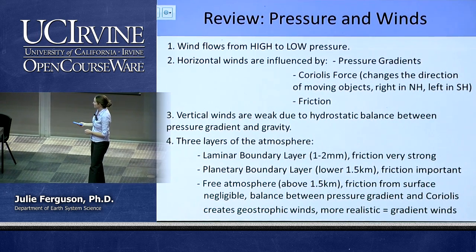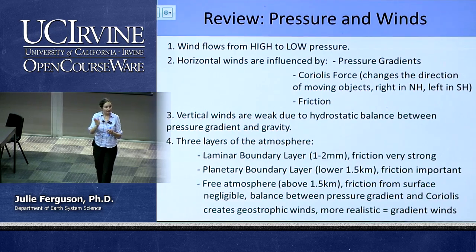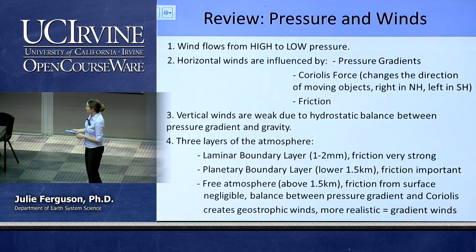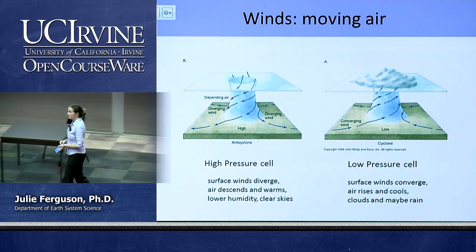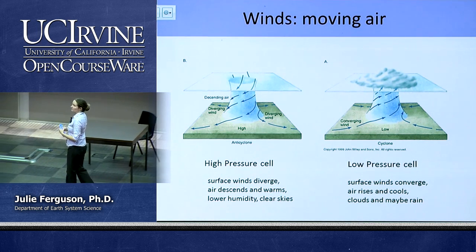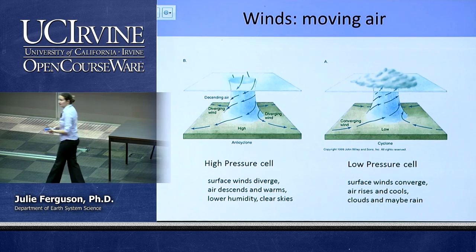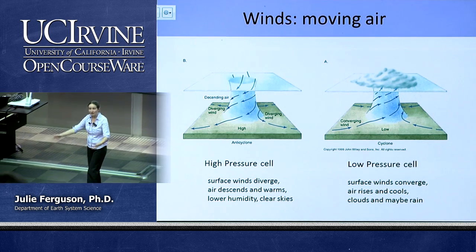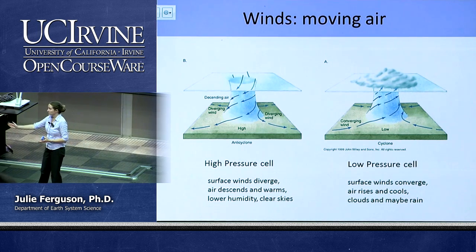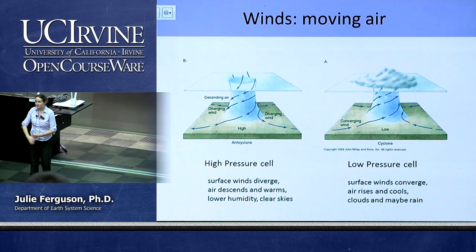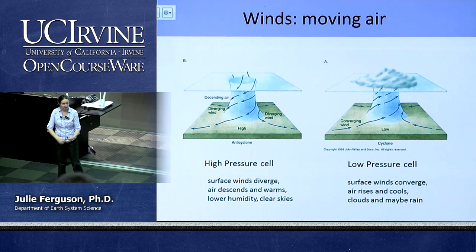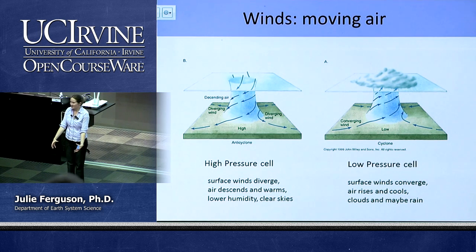So in the free atmosphere, our winds move parallel to those isobars, but down at the surface, we see something a little bit different. When we have a high pressure at the surface, wind is going to go from high to low, and so it's going to move outwards and spiral out across those isobars. And where we have wind spiraling outwards, we're not going to create a vacuum at the surface.